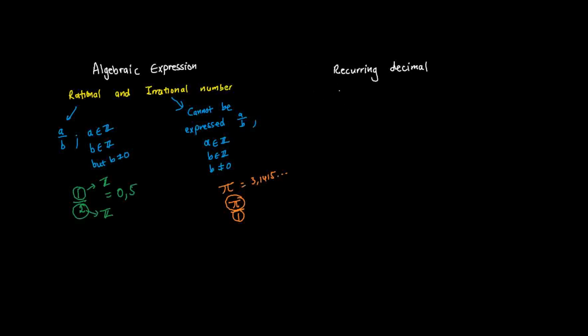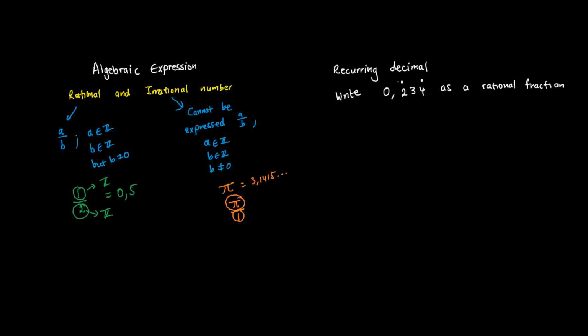For example, let's say I ask you to write 0.234 with a dot on the 2 and a dot on the 4 as a rational number, because a recurring decimal is actually a rational number, and we can prove it. We can write this number as a fraction.